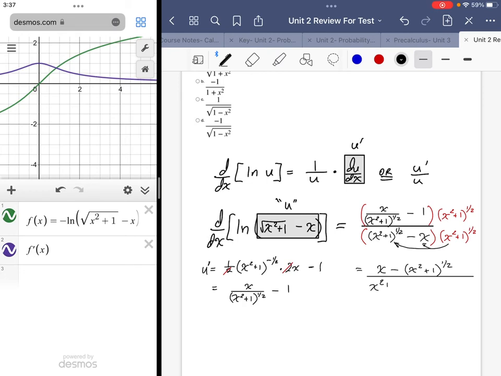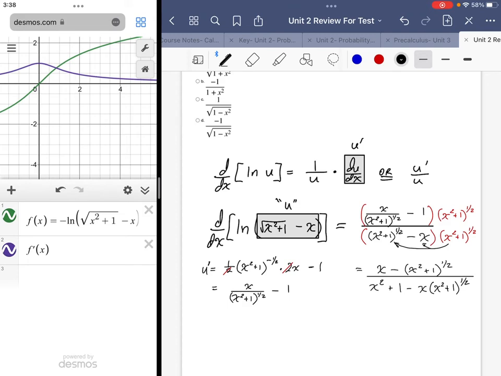So x squared plus 1, because any radical multiplied by itself just cancels to the radicand, minus, plus 1, let's fix that, plus 1 minus x times x squared plus 1 to the 1/2.